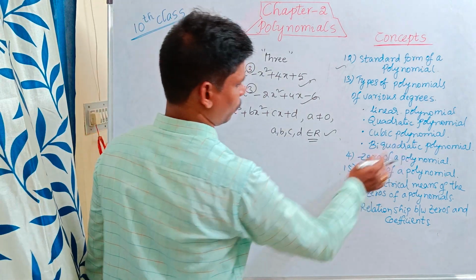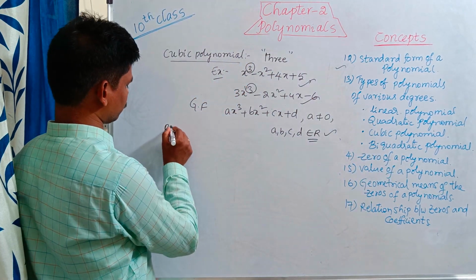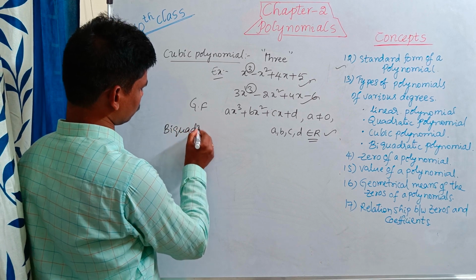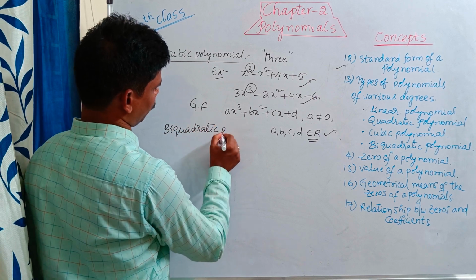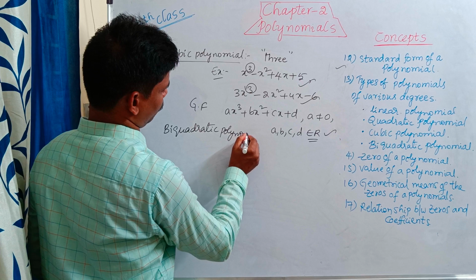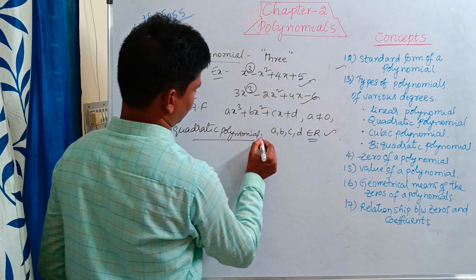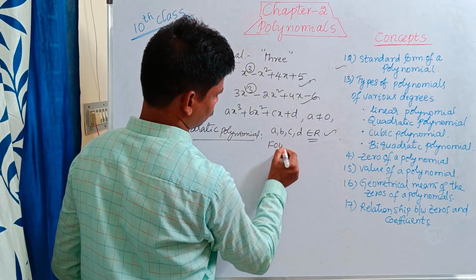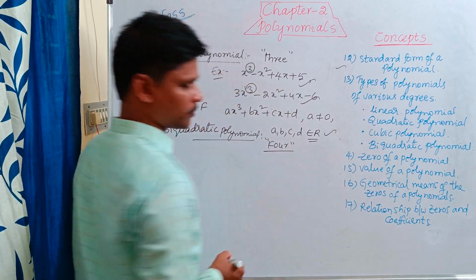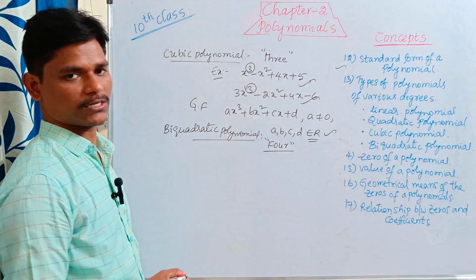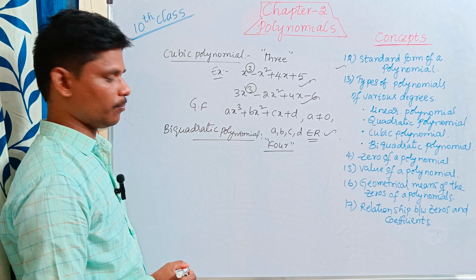Next, biquadratic polynomial. If the polynomial has degree 4, then that polynomial is called a biquadratic polynomial.